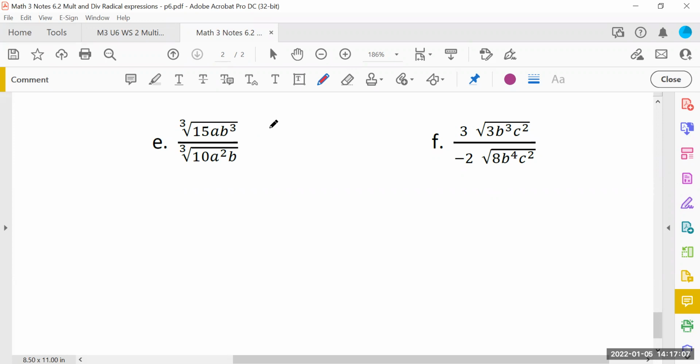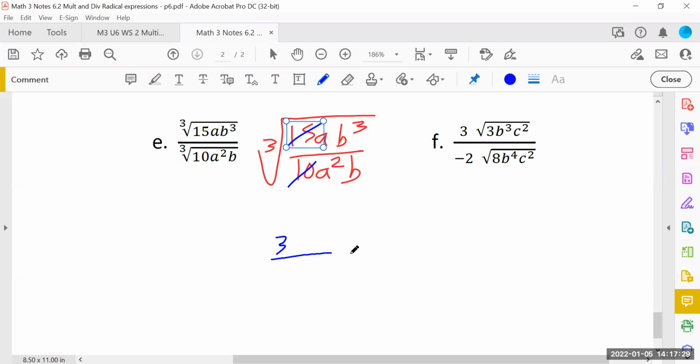For E, I'm going to make this one giant cube root of 15ab cubed over 10a squared b. And the reason I want to do it this way is because I see a lot of stuff that's going to simplify. The 15 over 10 is going to reduce. 5 goes into both of those.